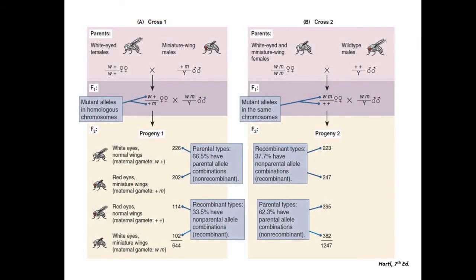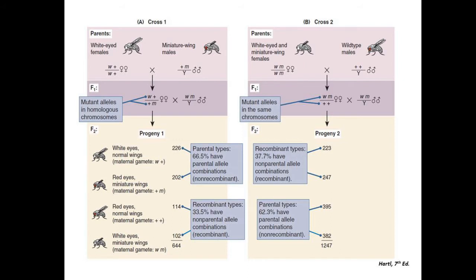After crossing, in the F1 generation, a mutant allele in homozygous chromosomes. So w plus, this w plus and plus m.